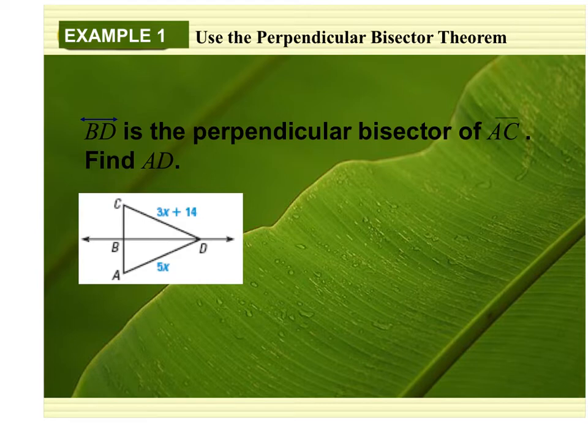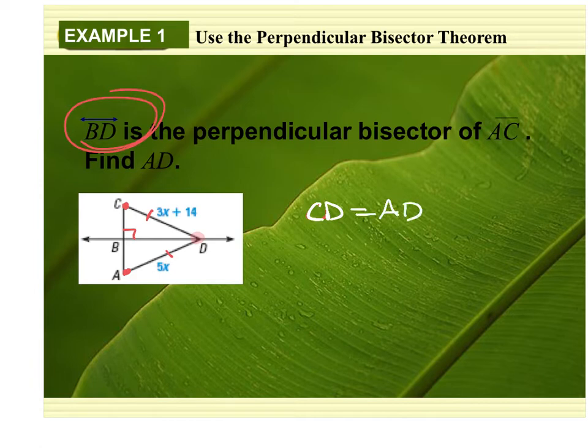Well, I know because of my perpendicular bisector theorem that if point D is on the perpendicular bisector, and they told me in the beginning that BD was the perpendicular bisector, then I know that the distance from any point on it to the endpoints is going to be the same. It's equidistant. So I know that CD and AD are the same.